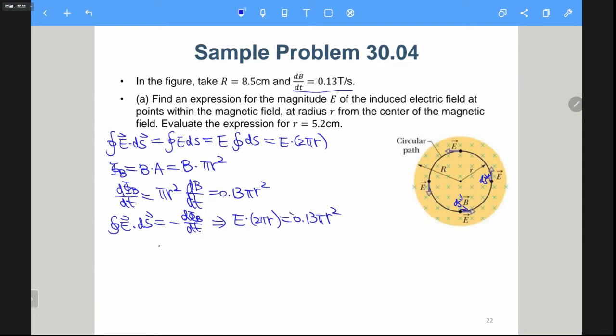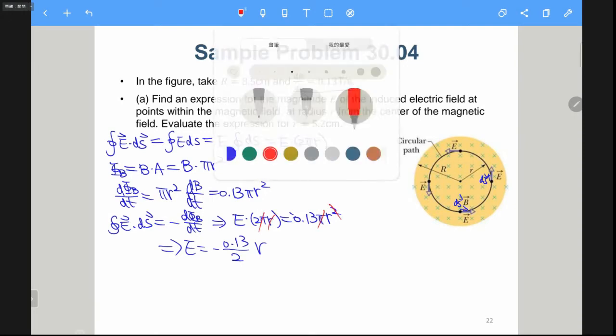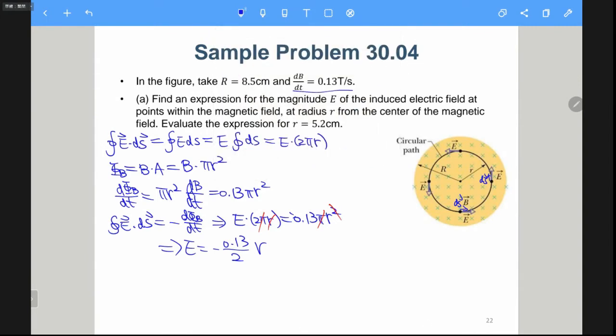So E equals negative 0.13 over 2 r, because pi and pi will be cancelled, and r and this r will be cancelled. Which means the magnitude of E should be 0.13 over 2 r volt per meter.